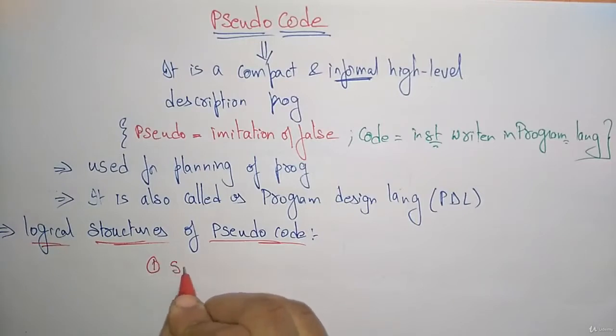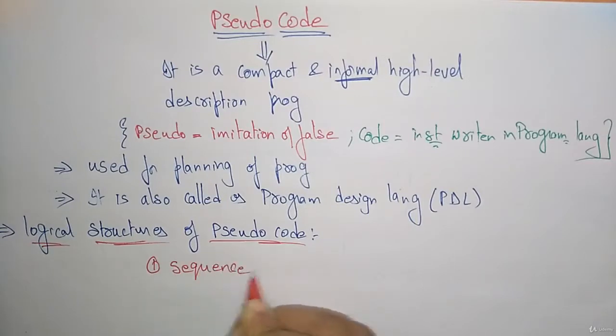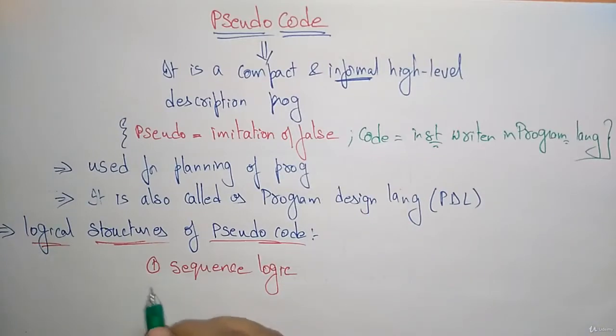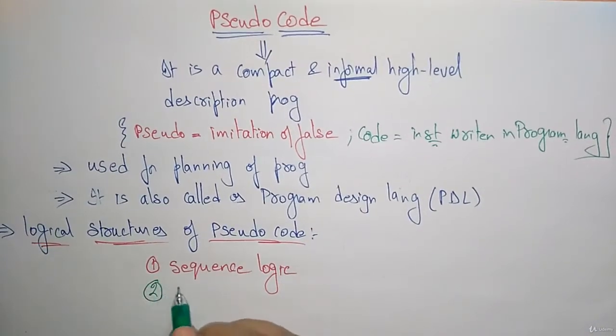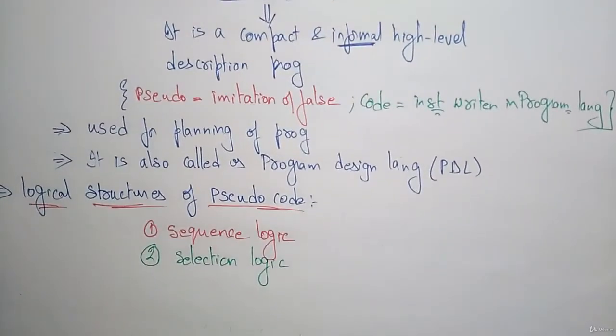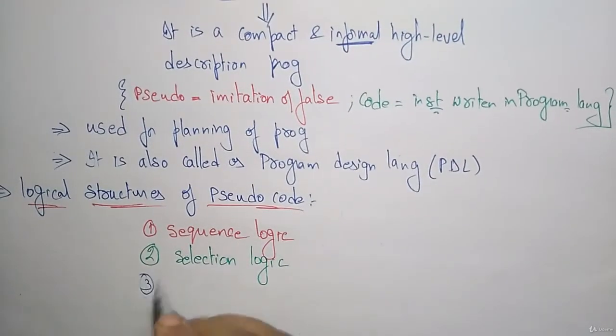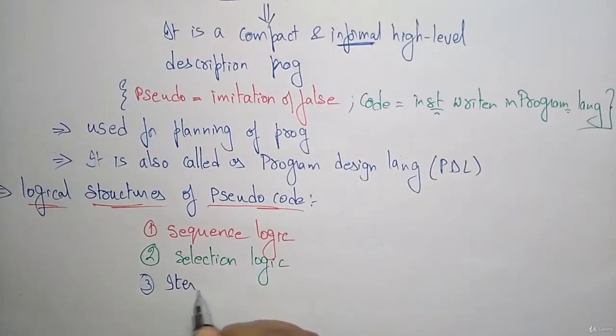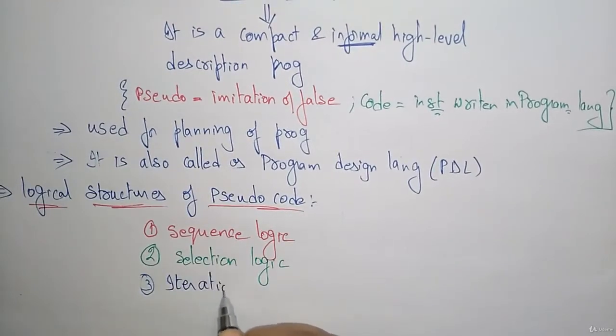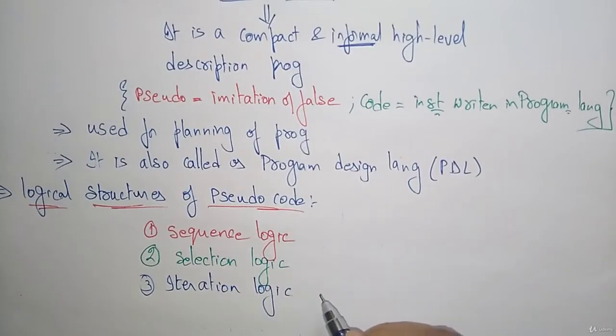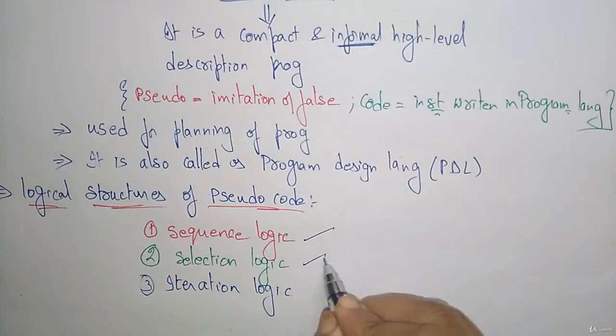One is sequence logic, another is selection logic, and next is iteration logic. So these are the three different logical structures of pseudocode: sequence logic, selection logic, iteration logic. Let us see one by one.